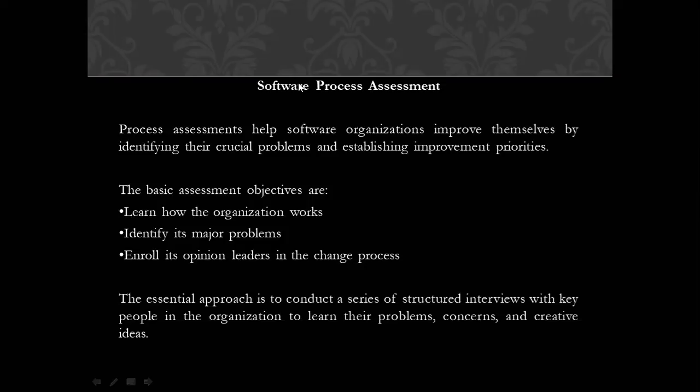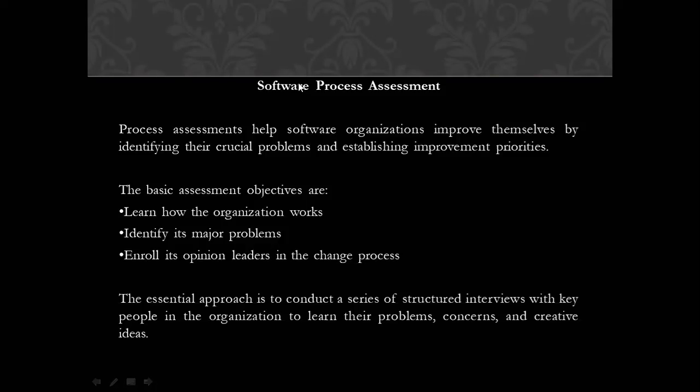Software process assessment is a review of the software organization, you can say, to advise or to give some points to its management and its professionals on how they can improve their operation. I'm repeating this line if you have not got it properly. Software process assessment is not an audit.